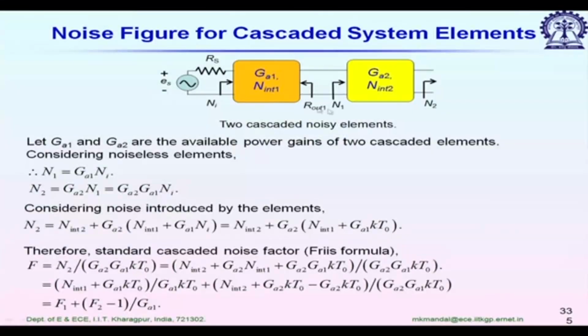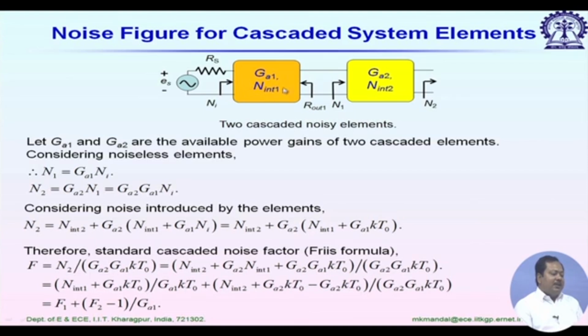We are considering a simple scenario. Let us say we have just two amplifiers in cascade; it can be any other components also. Simply we have to calculate its gain. The first one has gain GA1 and it provides some internal noise, N internal 1.